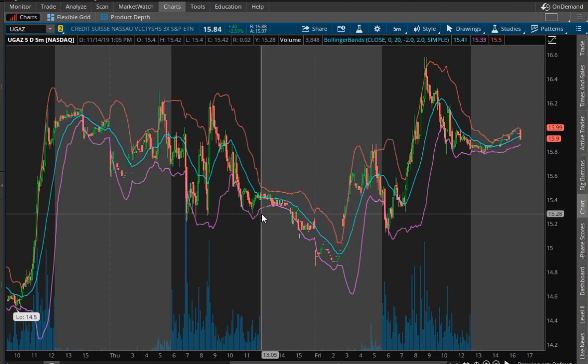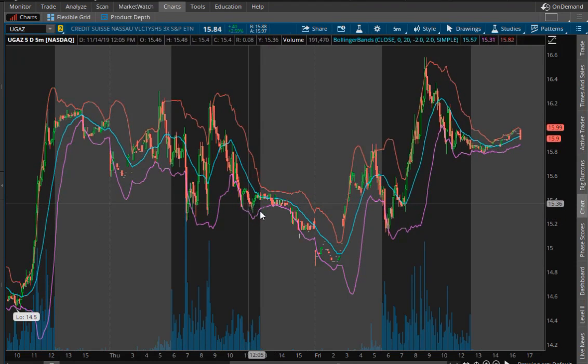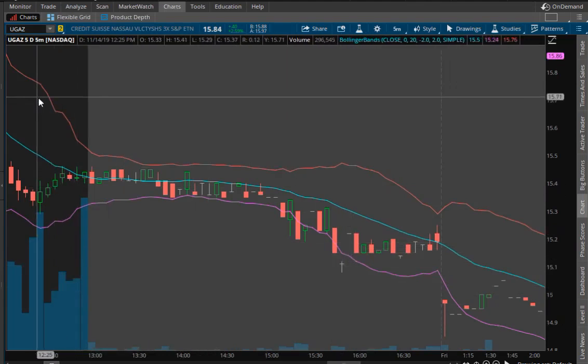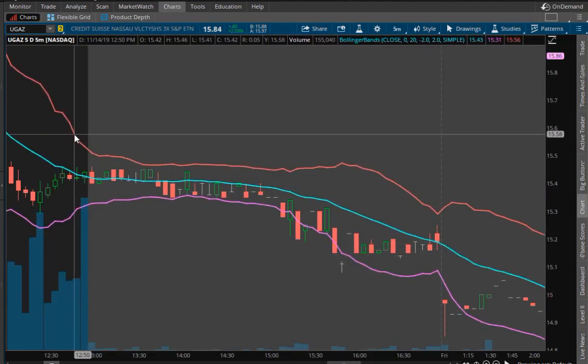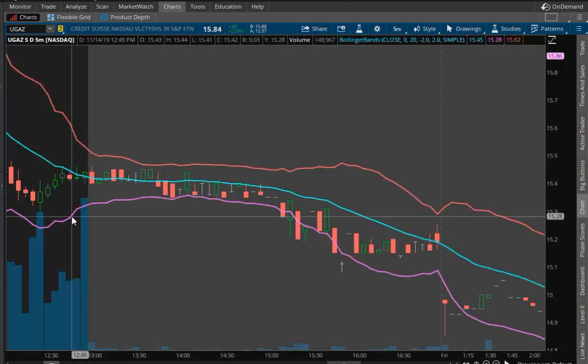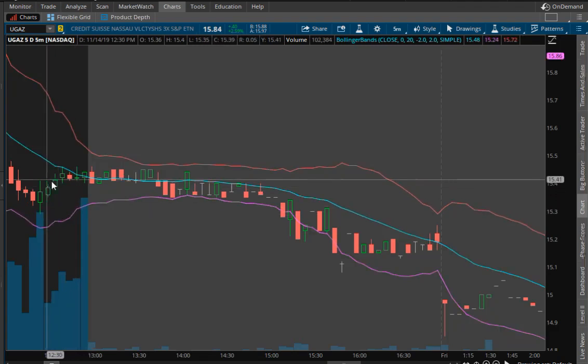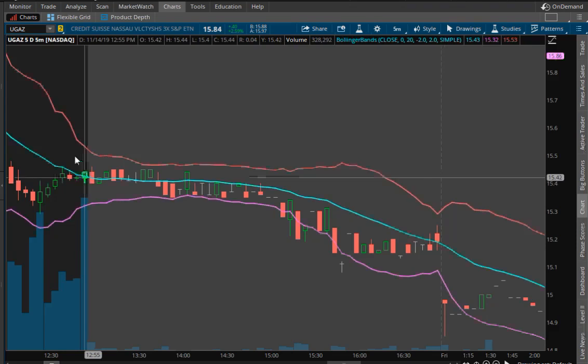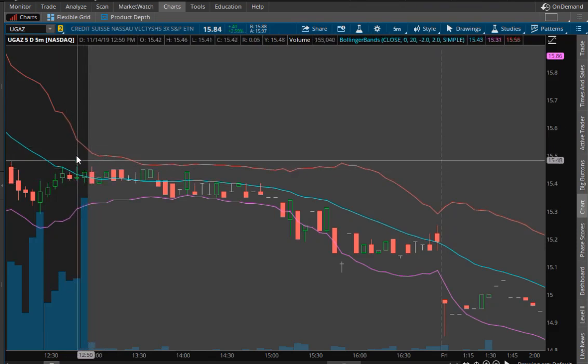Let's go ahead and open this up a little bit and blow it up. This is when the top and the bottom bands are starting to contract. They're starting to converge together. That means the volatility of the actual share price is starting to slow down, and you can see that remains to be true.